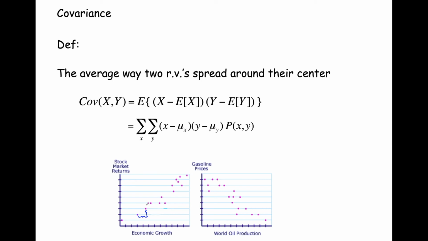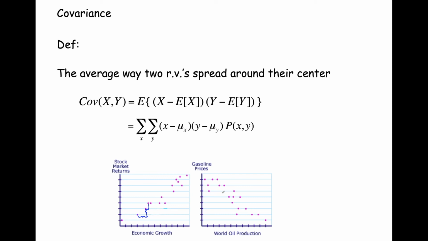And you'll notice, for the most part, as your economic growth increases, going to the right here, the stock market return goes up. So they're coupled. So some unit step increase in economic growth is going to be associated with a unit step increase in stock market return. And that kind of makes sense because the more economic growth, the more products are being made, the more consumption, the more salaries. So these companies are going to do better. The stocks increase in value, and you have positive stock market returns.